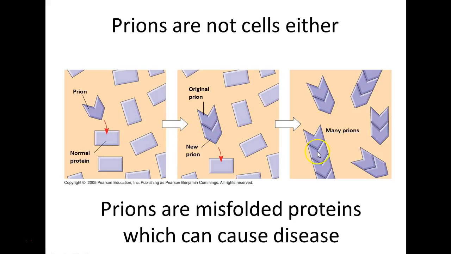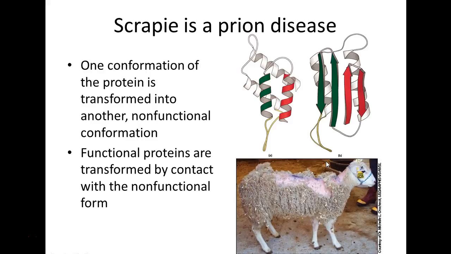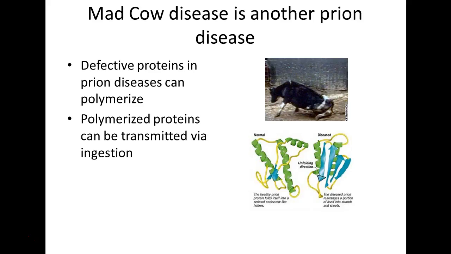You can see many prions stick together and polymerize into a perverse quaternary structure for that particular protein. This diagram is pretty accurate because these are sharp and pointy, and many of these make a sharp and pointy object that can poke holes in cells and make cells die and cause disease, such as scrapie or mad cow disease.